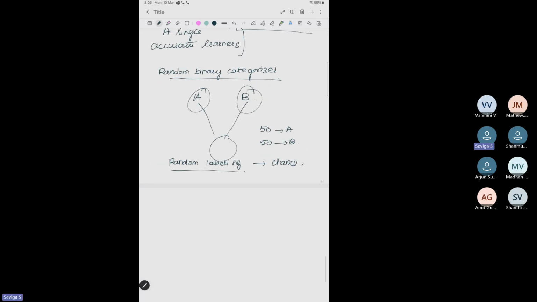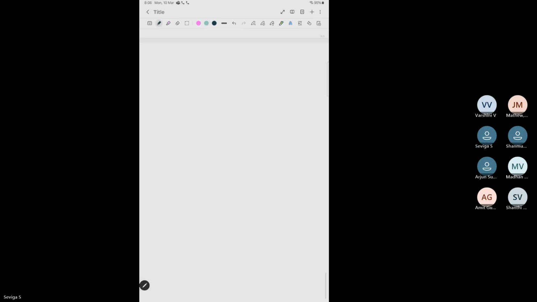Let's take one example. Suppose you have 2-category data like this.